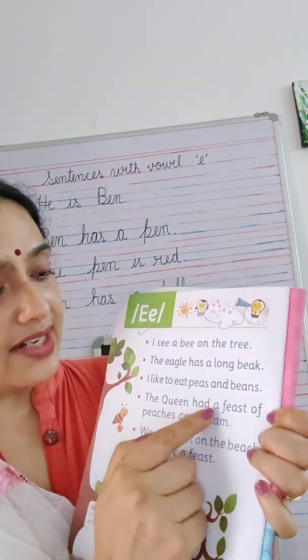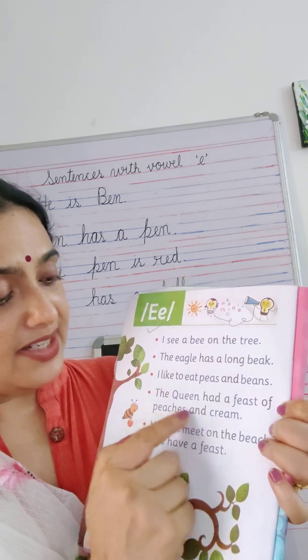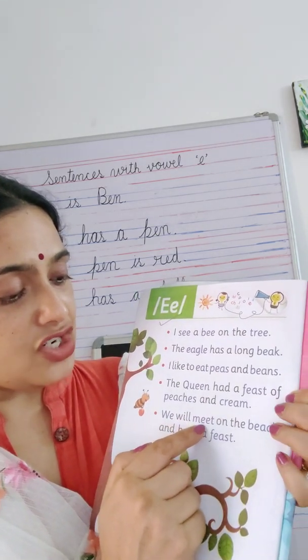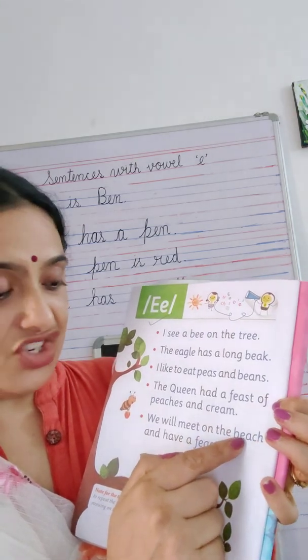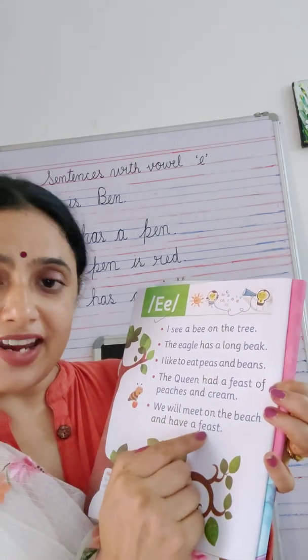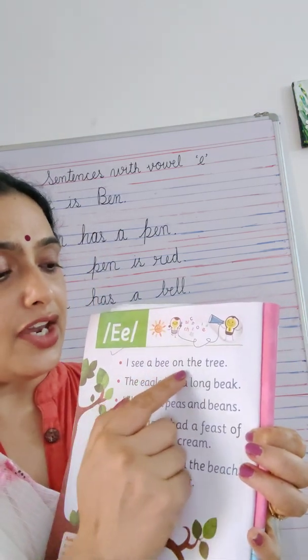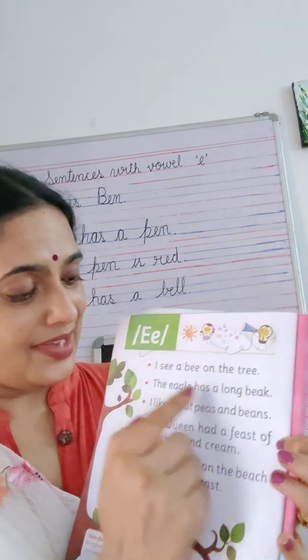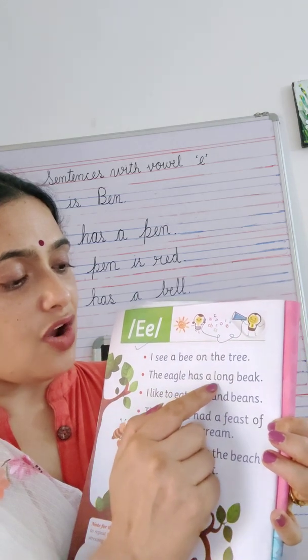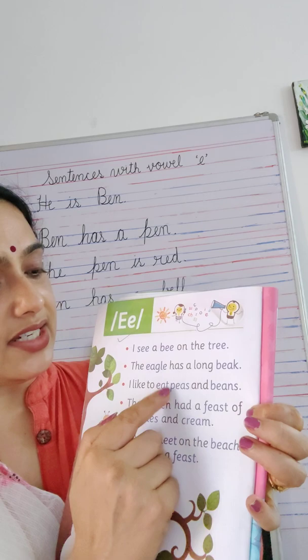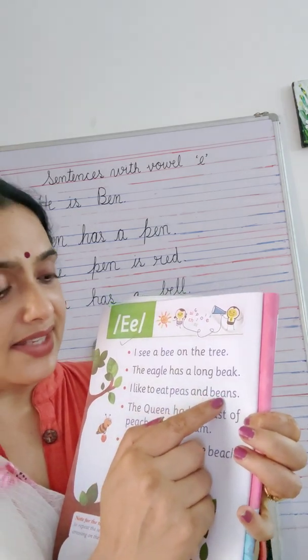The queen had a feast of peaches and cream. We will meet on the beach and have a feast. One more time. I see a bee on the tree. The eagle has a long beak. I like to eat peas and beans.